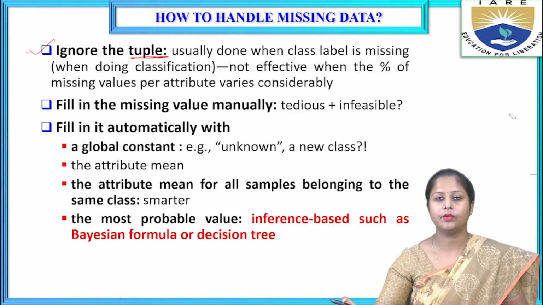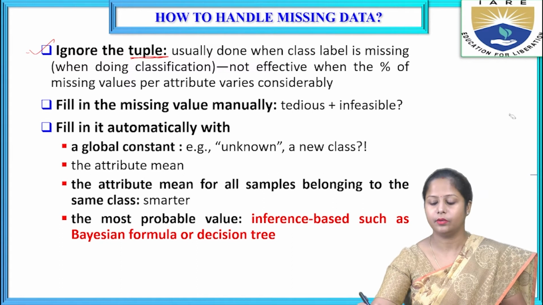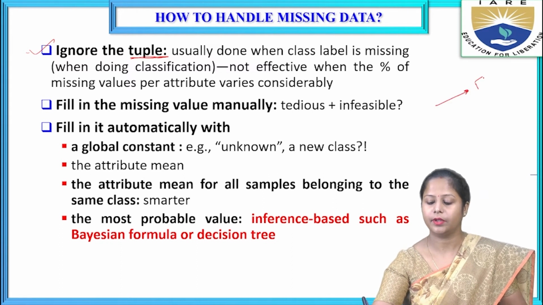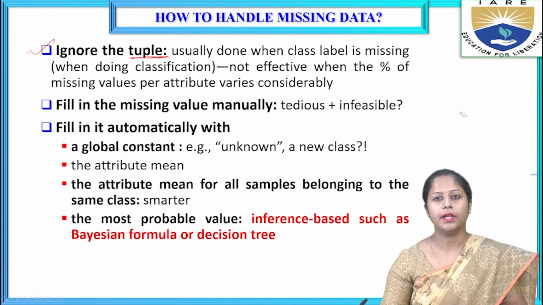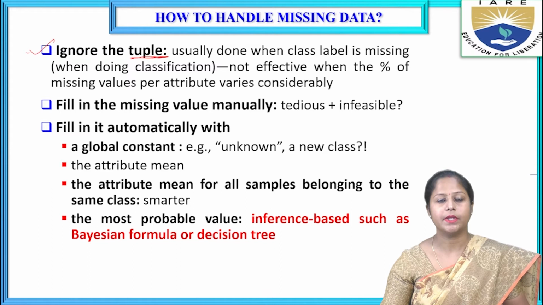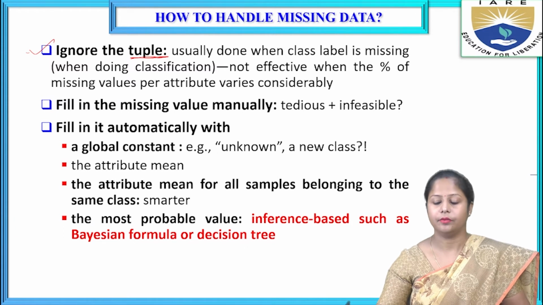We have to exclude the whole record for that tuple, for example. So that is, we are going to ignore the tuple. Usually done when the class label is missing. When doing classification, we have some classification method and we do not have the proper label.